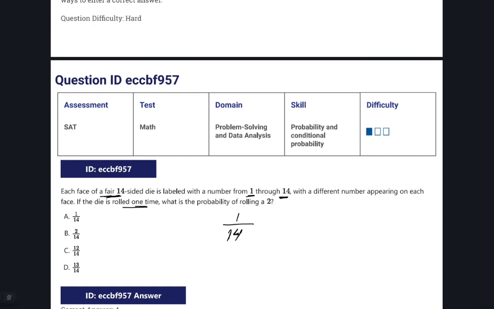So you have only one face where the number 2 appears, and we have 14 total outcomes.